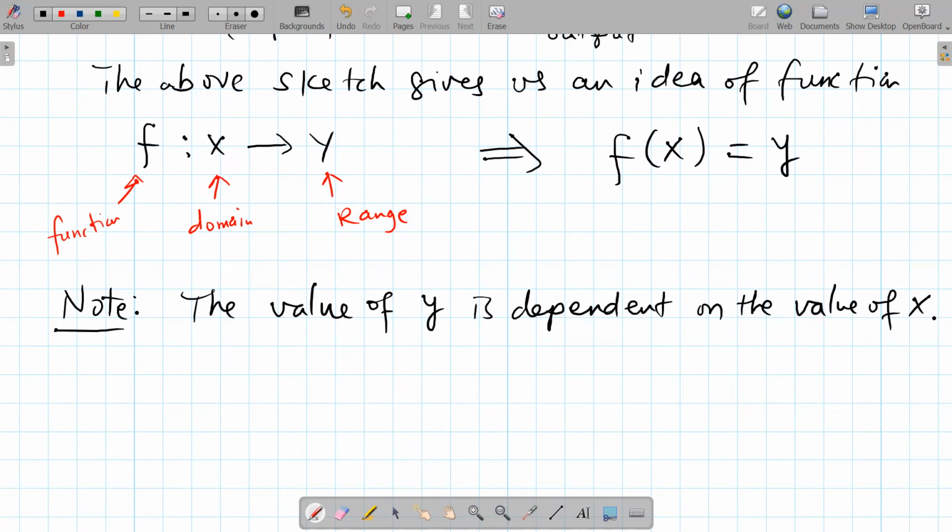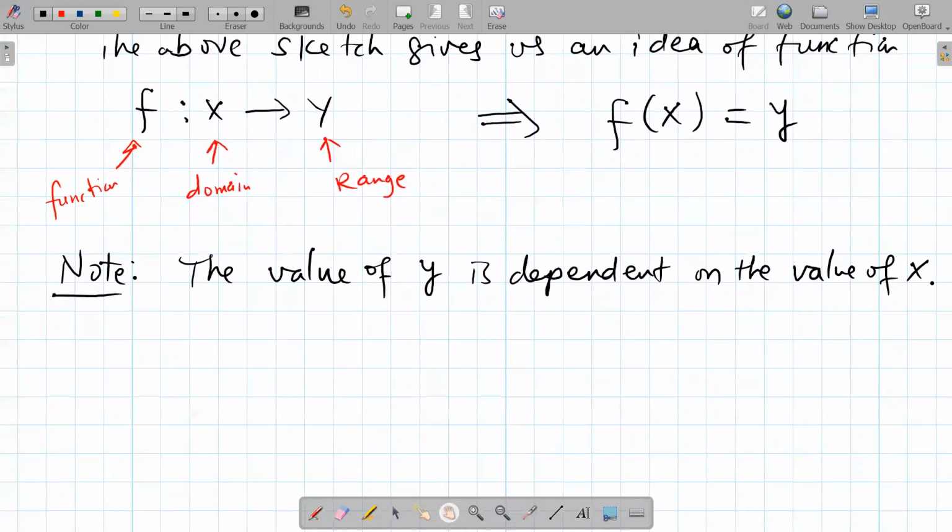Okay, so we have established a situation where we have a process, this function, taking an element in the domain and mapping it to an element in the range. So whatever you see here is from the range.